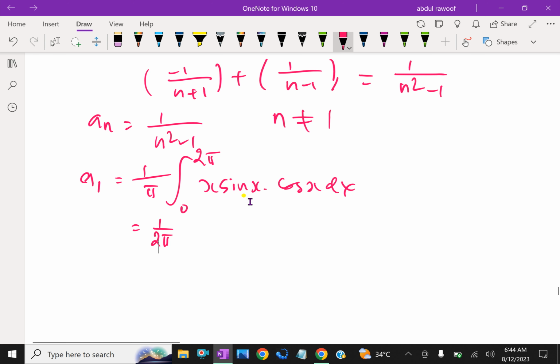That is, we are splitting sin x into cos x. So we have 1 by 2 pi, then 1 by 2 pi integral 0 to 2 pi x sin 2x dx.